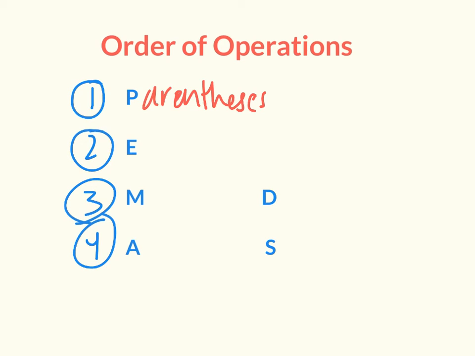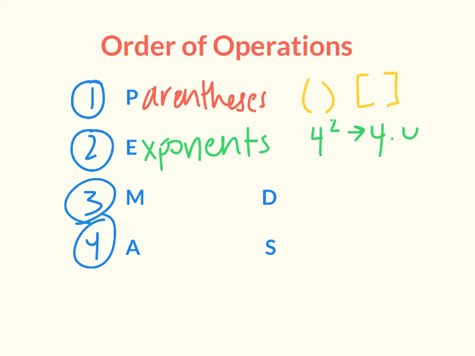And when you're working with parentheses, you may see either traditional parentheses or you may see brackets. The second step is going to be exponents. Remember exponents, such as 4 to the second power is equal to 4 times 4, which then equals 16.